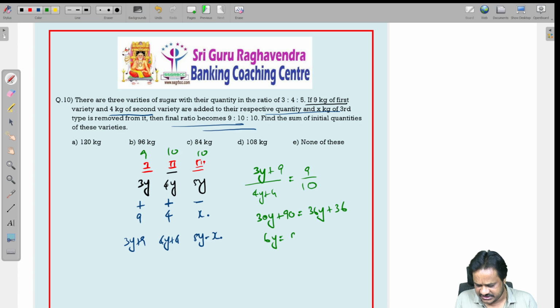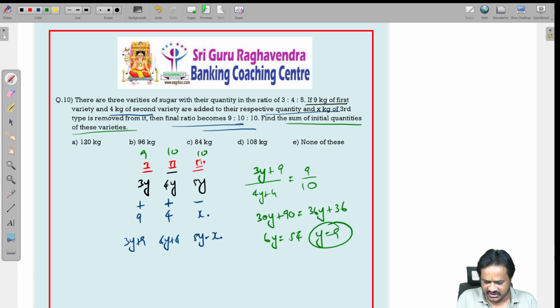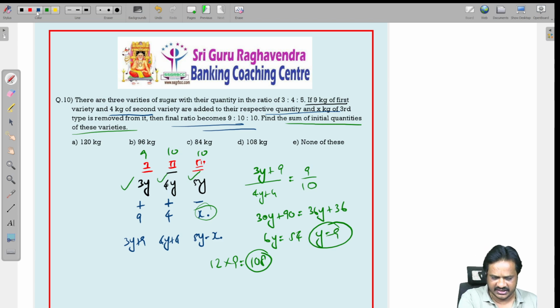Therefore, 6y is equal to 54. Y value 9. We want the initial quantity. Initial quantity means 3y, 4y, 5y. So total I am taking 12y. So 12 into 9, 108. Here you need not do this x. X is not at all needed. So 108 is the correct answer. Option 4 is the correct answer.